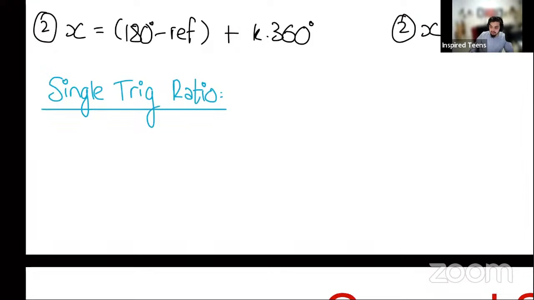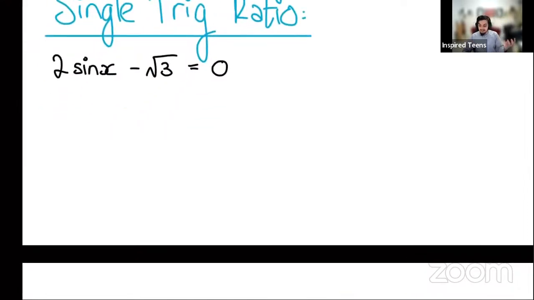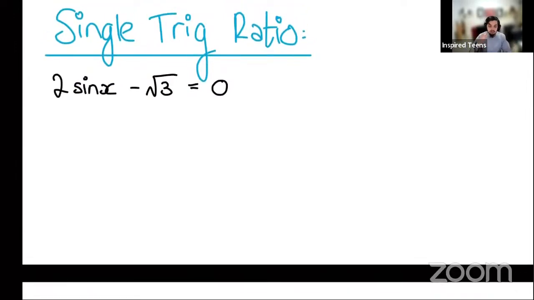Let's say we have the equation 2 sine x minus root 3 is equal to 0, and we are told to solve for the general solution of this equation.